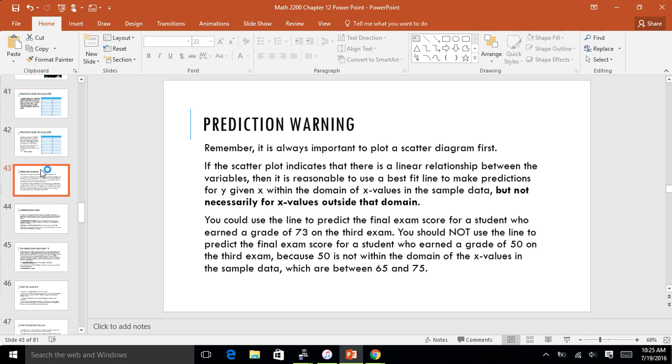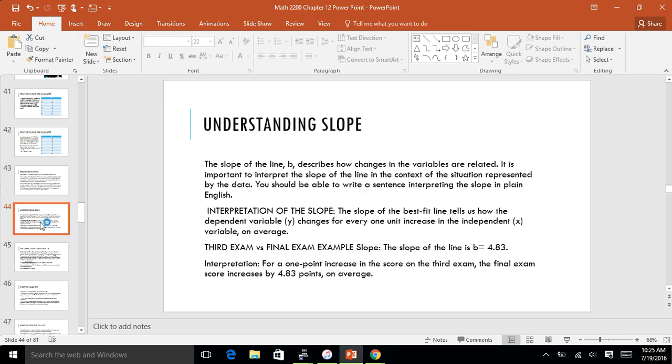So could I estimate a grade of 73? Absolutely. What I couldn't do was estimate a grade for 50, because 50 is not between that range; the sample data was between 65 and 75. People do this a lot. They use different values outside the range to predict stuff. Don't do that. Keep it as it is, and you should be fine when you stay within the range.